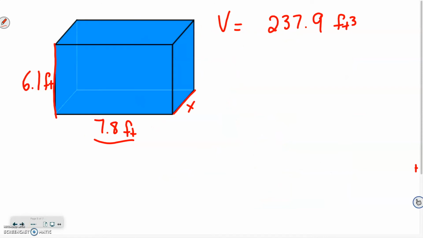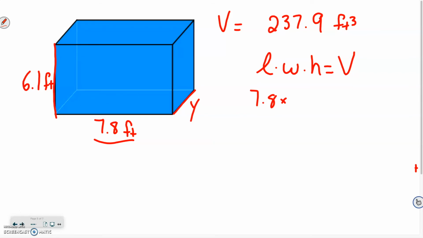Okay. I always like to write down my formula first. Length times width times height equals the volume. Okay. So let's start with the length. The length is 7.8 times the width. I'm going to change that to y just for fun. I don't like using x. Looks like a times sign.